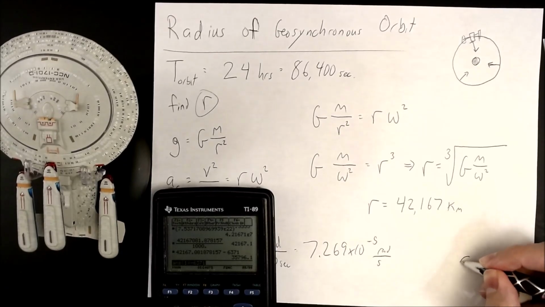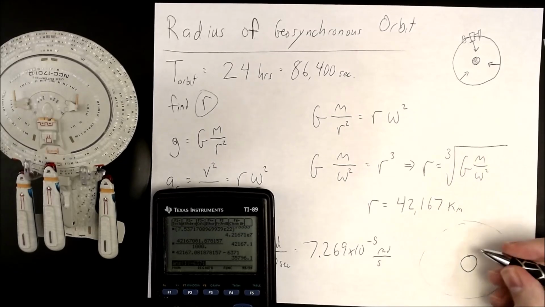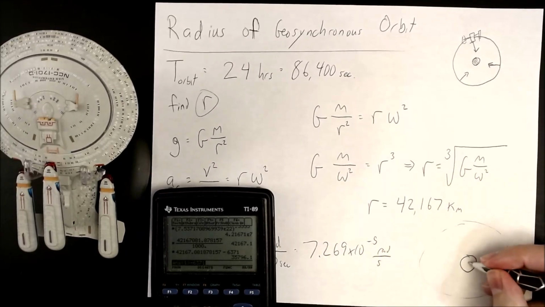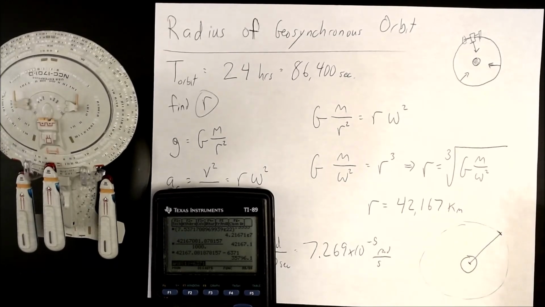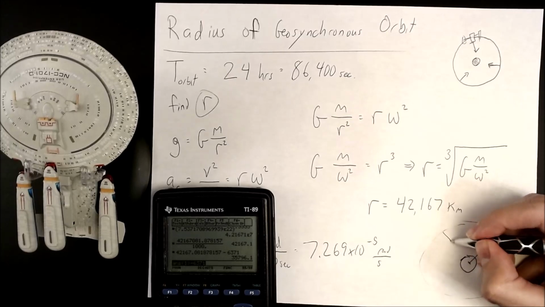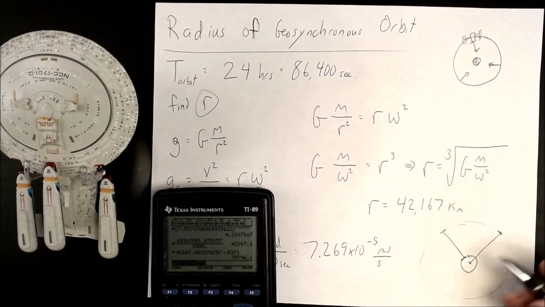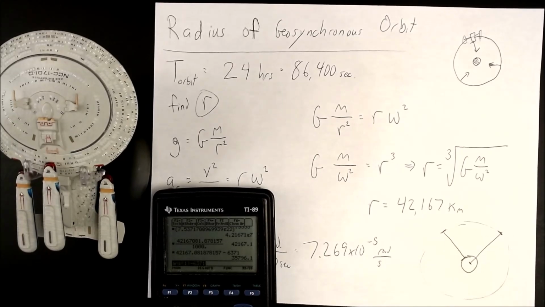In effect, you have the Earth, you have the satellite orbit overhead. This number is from the very center of the Earth out to where the satellite is, whereas the number you always hear is from the surface of the Earth out to wherever the satellite is. That's the reason for the discrepancy right there. Be very careful to always include that when you're thinking about these kinds of numbers.